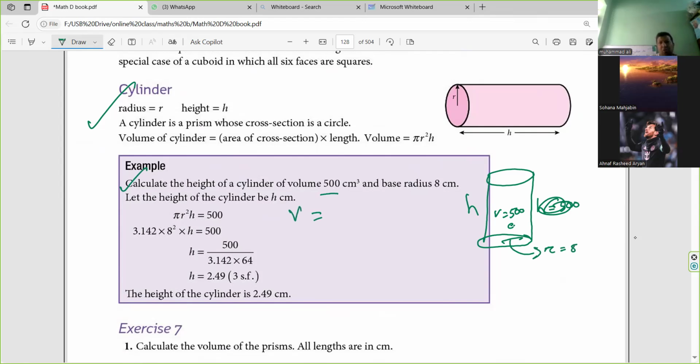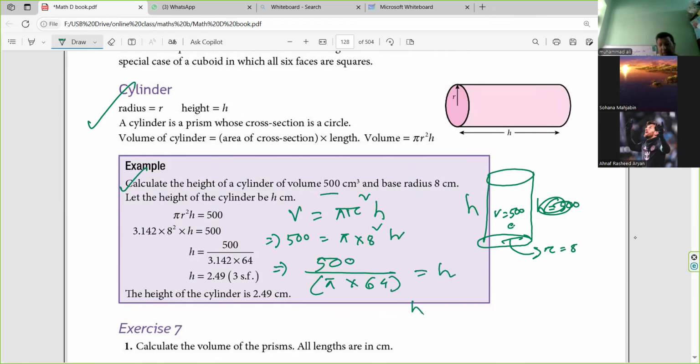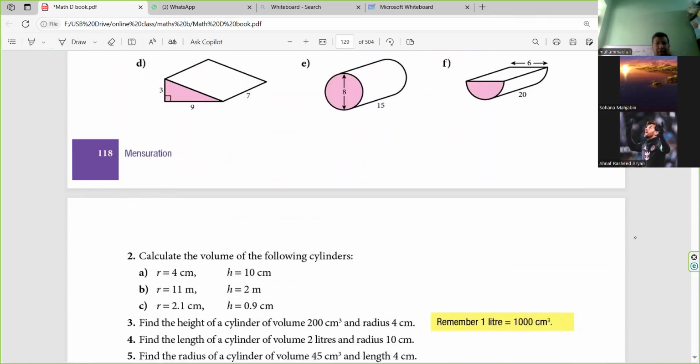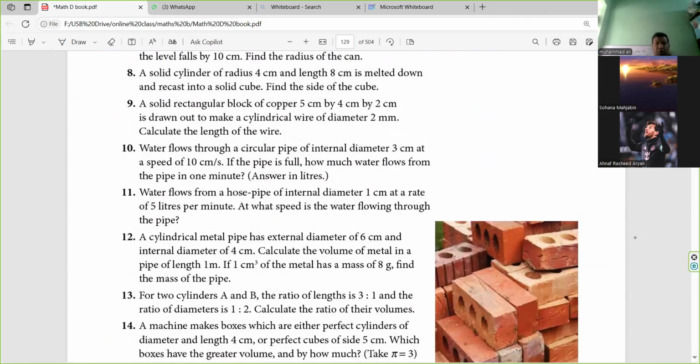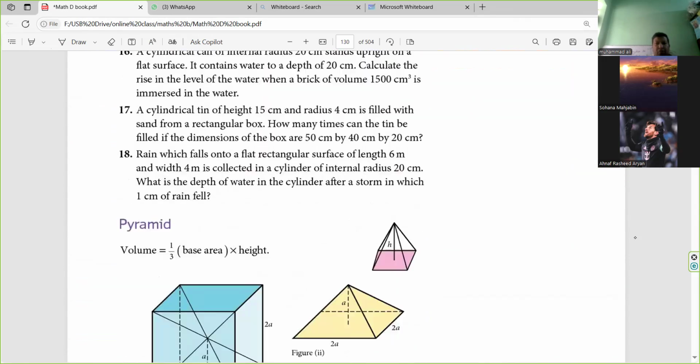So volume equals pi r square h. 500 equals pi times 8 square times h. So h equals 500 divided by pi multiplied by 64, which equals 2.49 centimeter. So try to understand this formula properly and use it. Okay. Here are a lot of very important maths problems you can try at home.